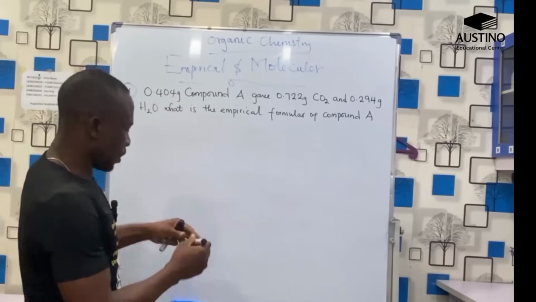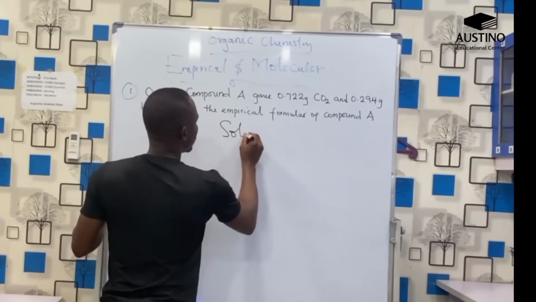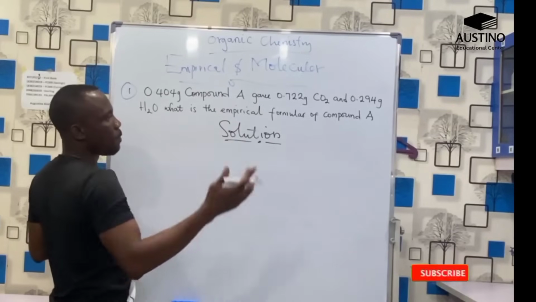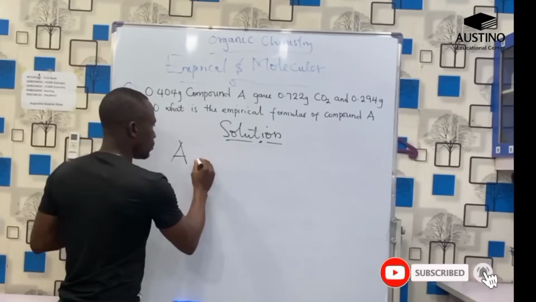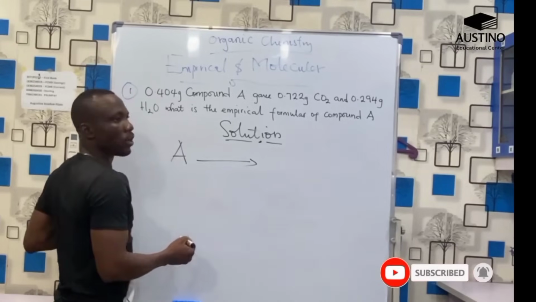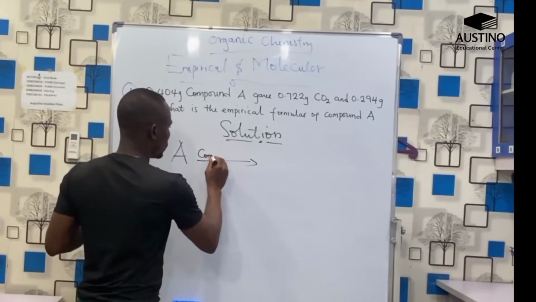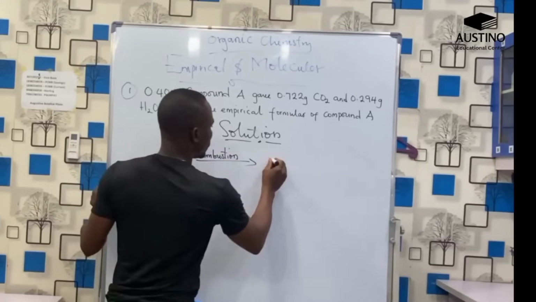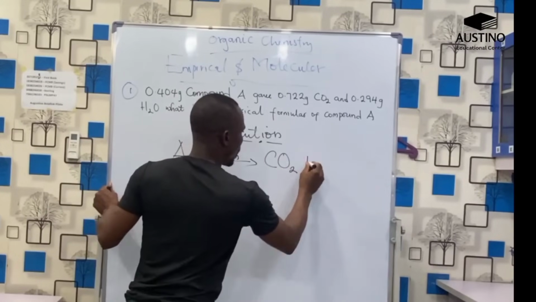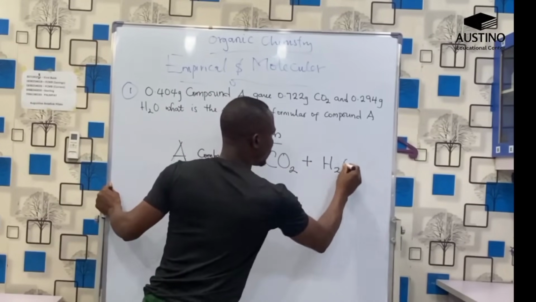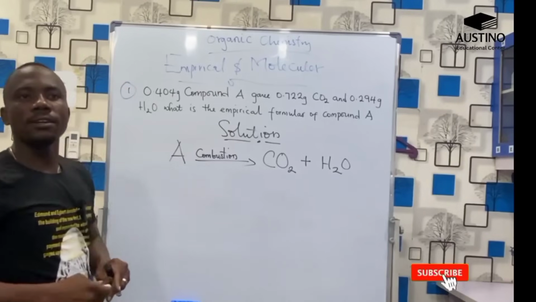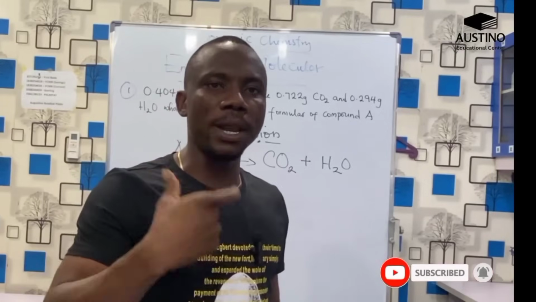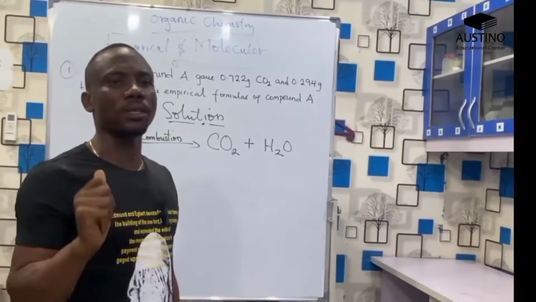So from the question, we look at the solution. Via chemical reaction, it went through combustion and then produces CO2 and water. I have said it before that all organic compounds that undergo complete combustion will give us CO2 and water.